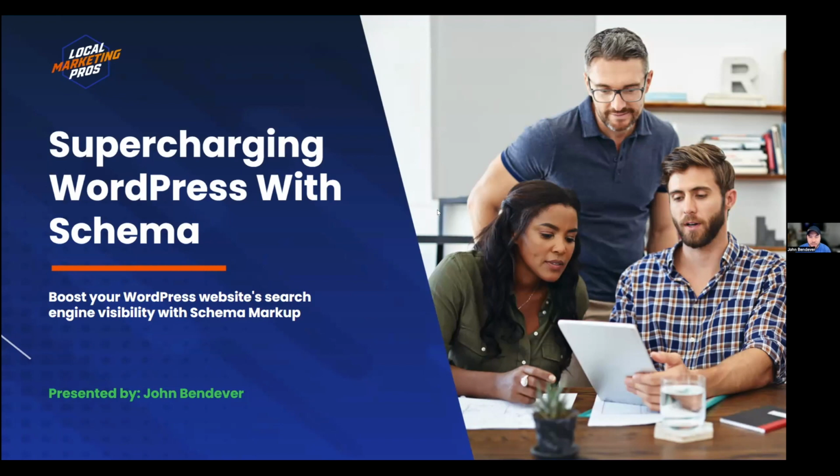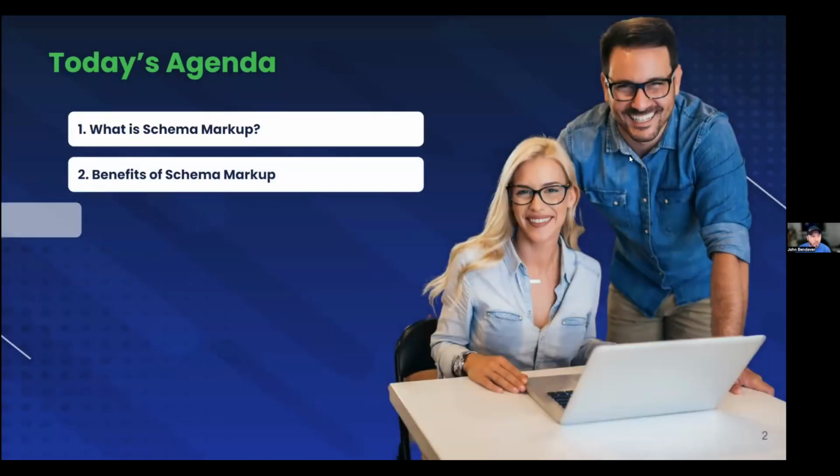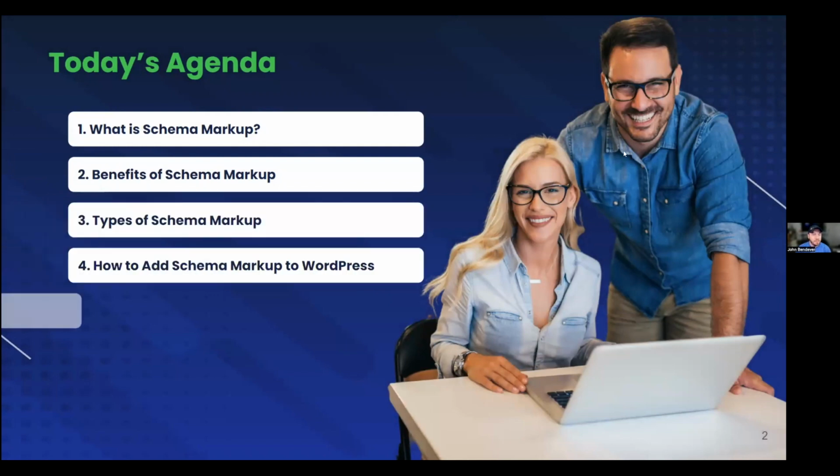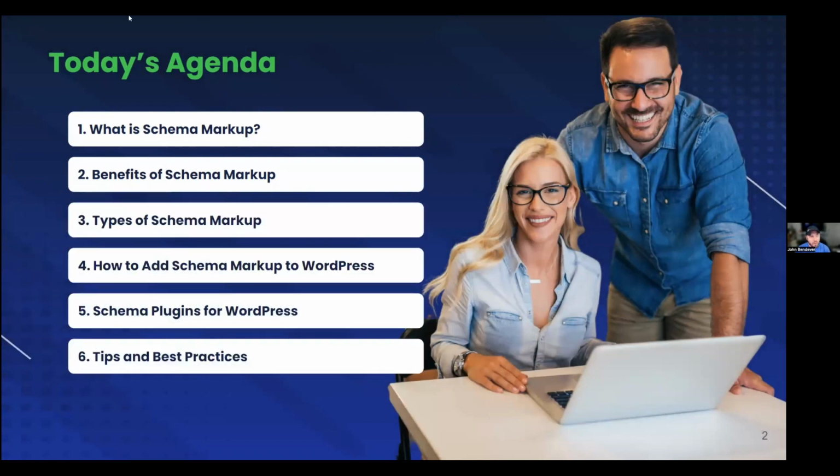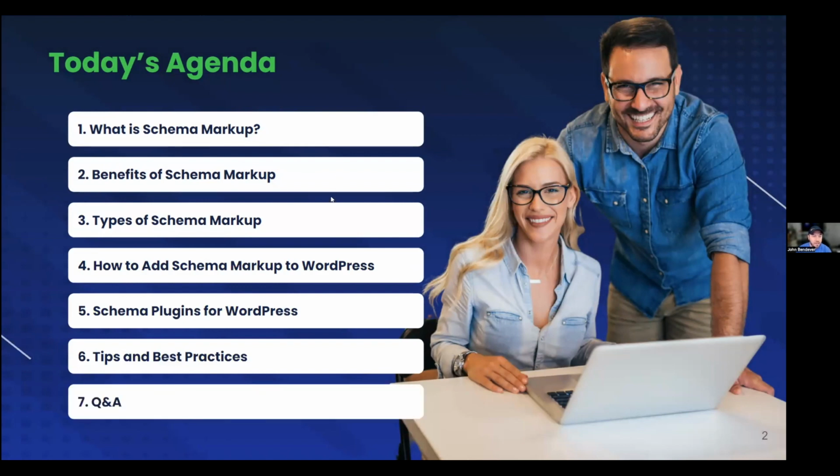Excited to share something that isn't talked about very often and something that can really help our websites, which is schema. We're going to go through what schema is, the benefits of it. So what do we get out of putting the time and effort into it? The types of schema markup. There's not just schema that goes on a page. There's multiple types of it.